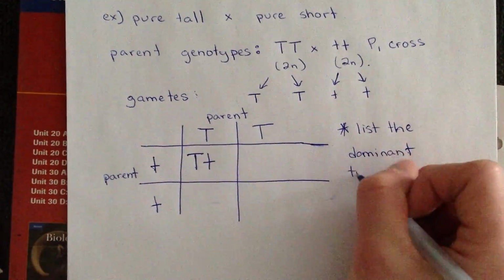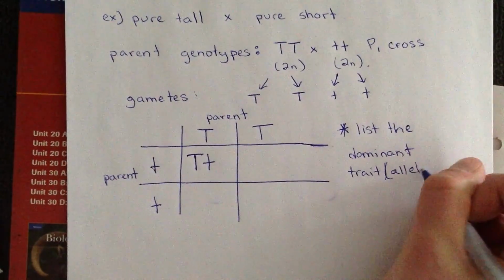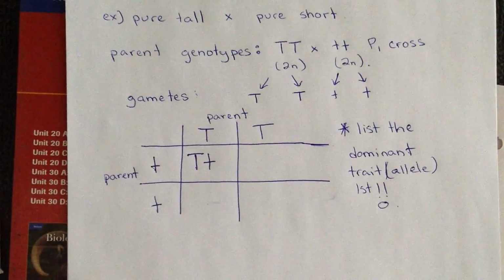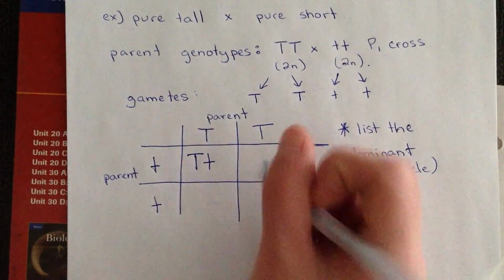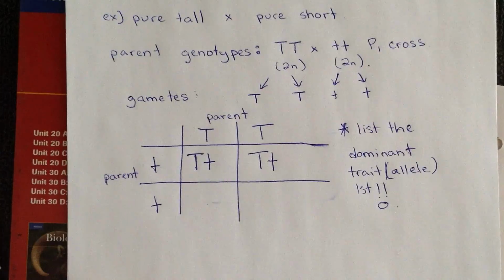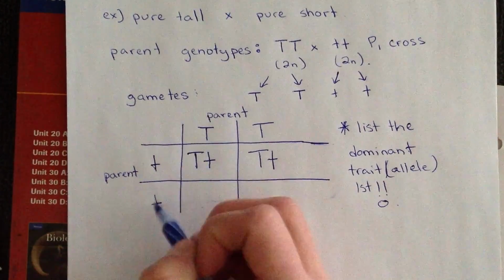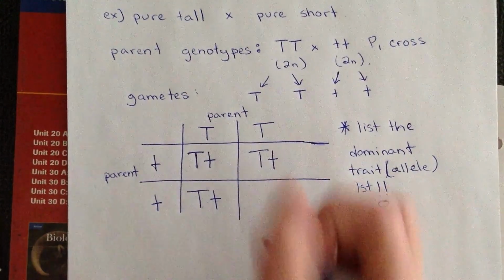So list the dominant trait allele first, always. Then this one, big T times little t, is going to give us a big T little t baby. This parent and this parent, when they get together, big T and little t are also going to be found.